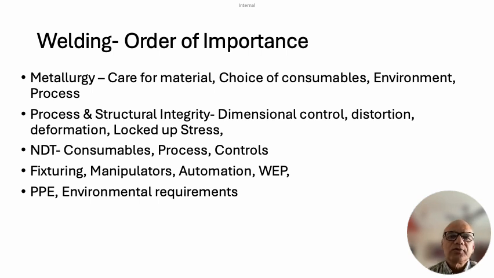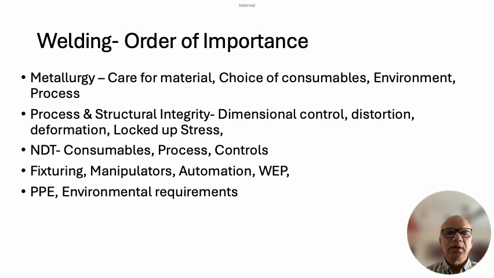So the choice of consumables, environment, if specific environment like discussed earlier, on humidity, on temperature, on dust particles, on overall cleanliness, even using hand gloves like a surgeon or a nurse uses. That means our sweat or any infection which we carry with our hands shall also not be taken towards the weld joints, because that is all harmful for certain alloys.